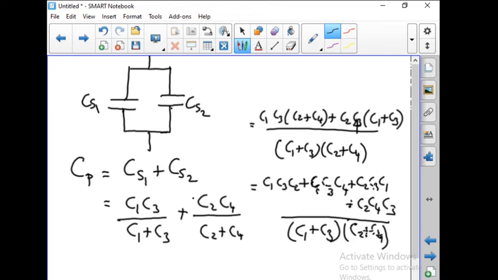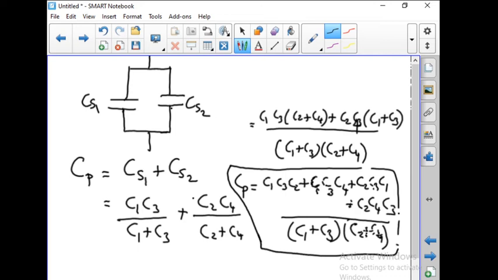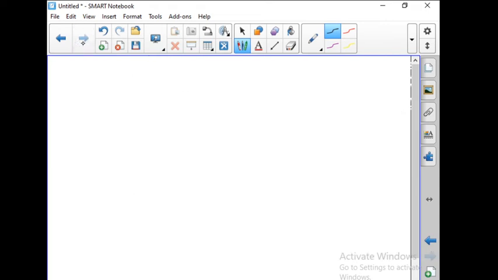So this is the equivalent capacitance across PQ. Similarly, you have to calculate what is the equivalent capacitance across RS.